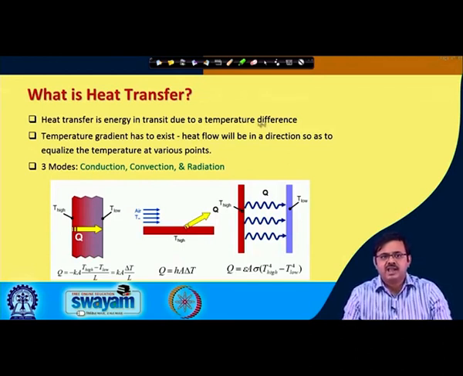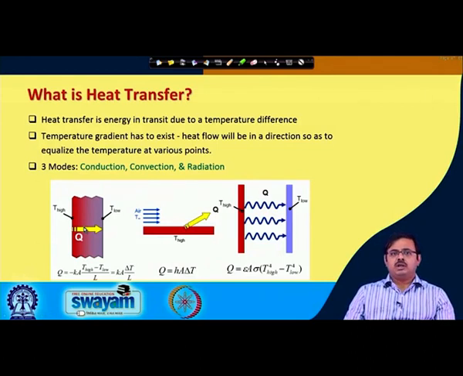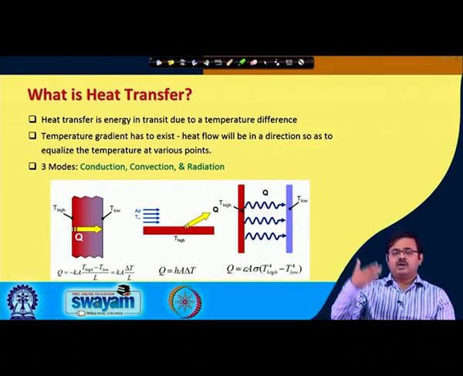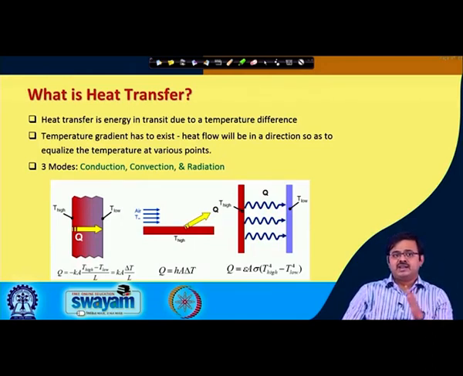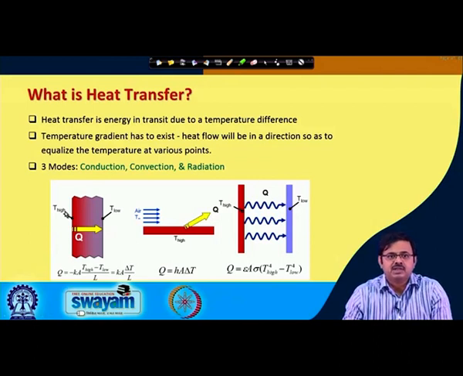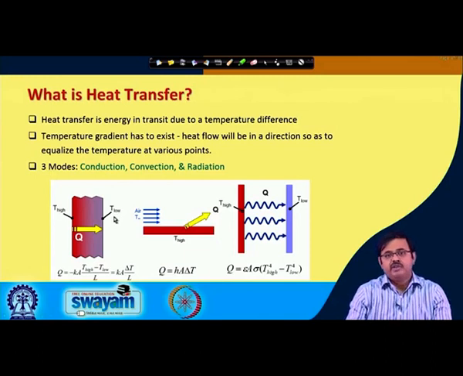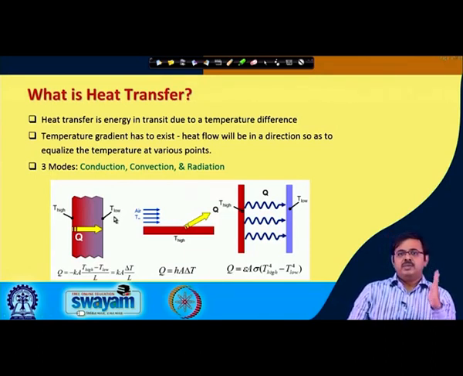If you have a slab over here, you can think of it as a wall. If you look at a cross section of a wall, and there exists a temperature gradient across the wall, with a higher temperature on the left hand side and a lower temperature on the right hand side, there is a temperature gradient across this solid wall, as a result of which heat is going to flow. So, there is going to be conduction through this solid.